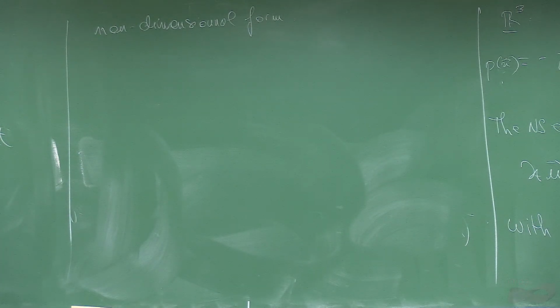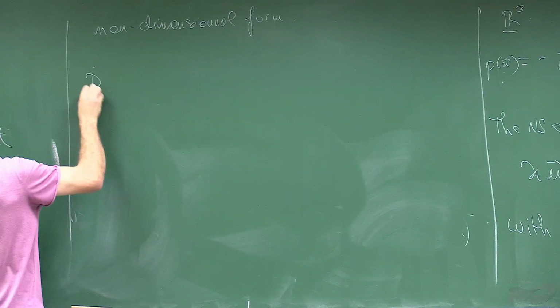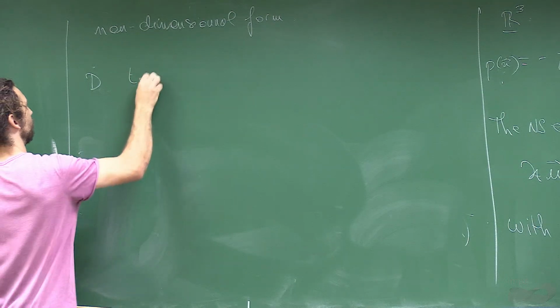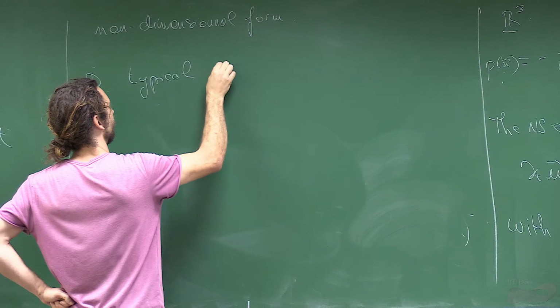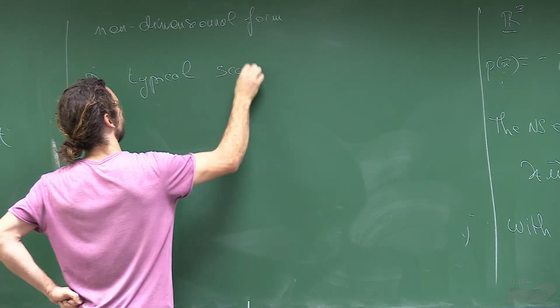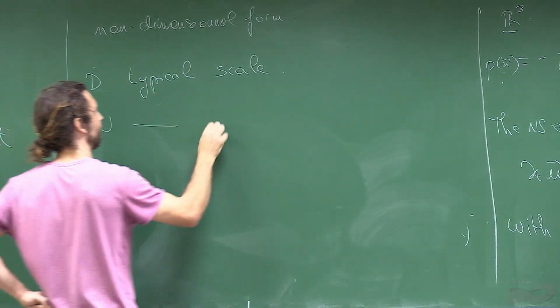So introduce L or D, a typical scale, and U, a typical velocity.